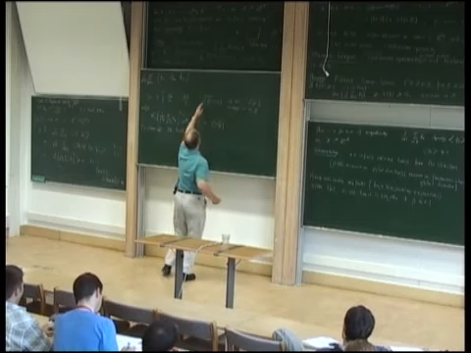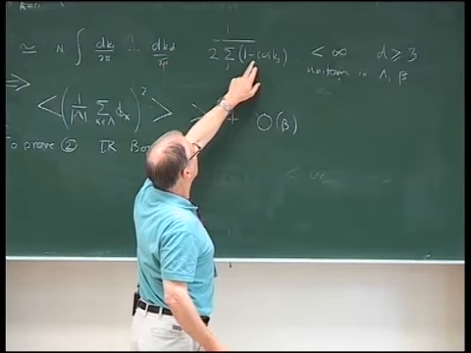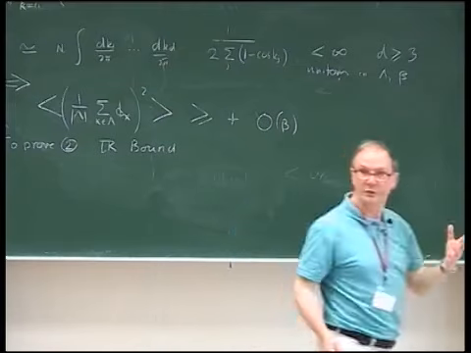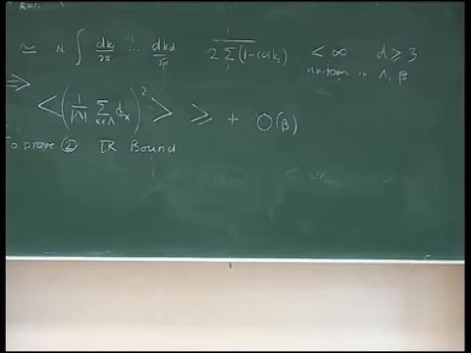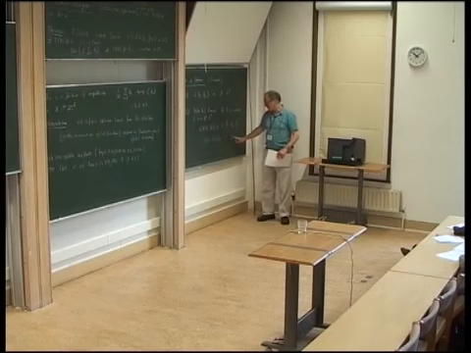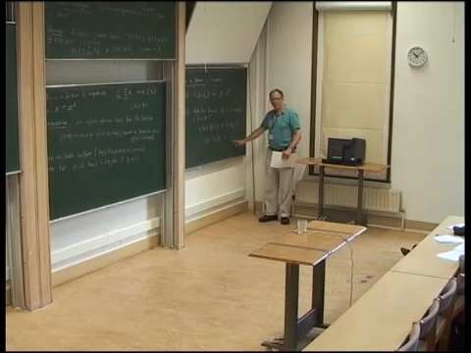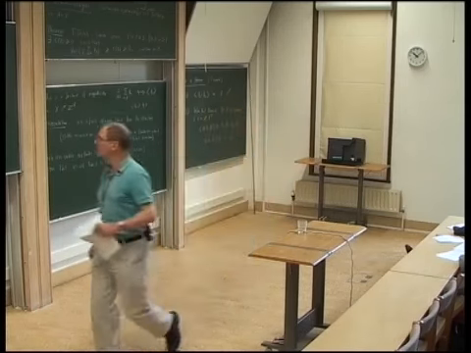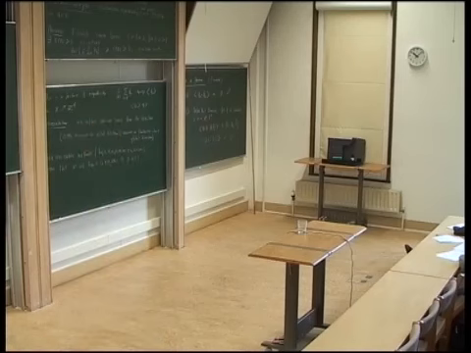You remember that I'm always saying what matters is how it behaves when k is near 0. And it looks like 1 upon k squared, just like 1 over the continuum Laplacian, whose Fourier transform is k squared. It looks just like the continuum Laplacian Fourier transform for small k. It's called an infrared bound because we're only interested in using it when k is near 0, and k near 0 is infrared. Small wave, long wavelengths.